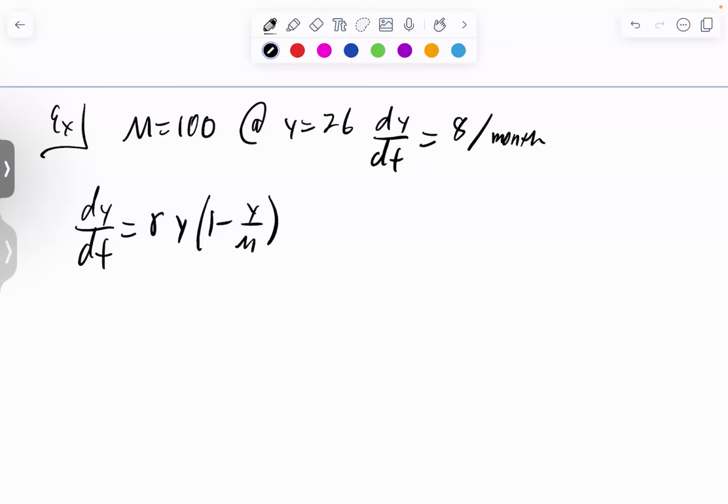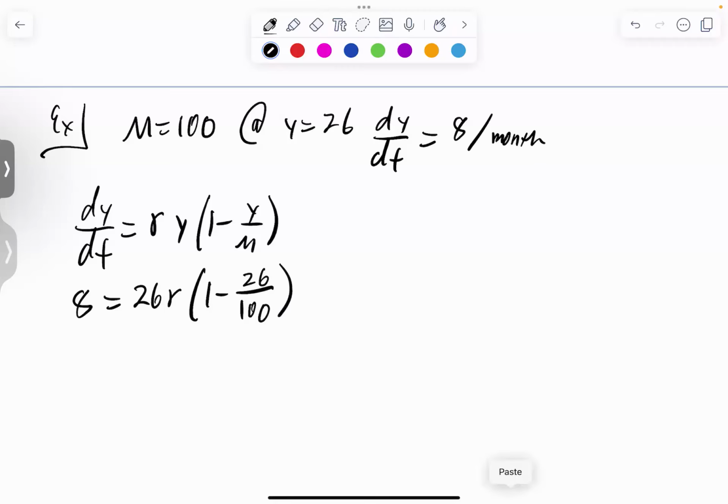And they insist on plugging in, so 8 equals 26 r times 1 minus, now y is 26. M in this case is 100. And we are going to solve for r for this.